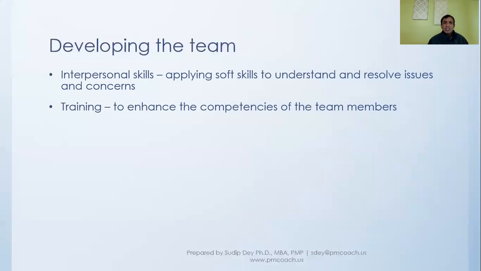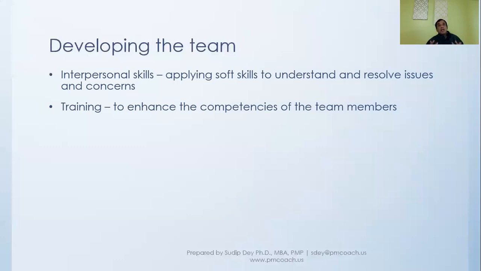Training. There will be training that we'll have to organize, and we have to strategically plan for this training. Strategically plan, again, the same thing comes into play. We have to connect to the team members to understand what kind of training is required for this particular team member.